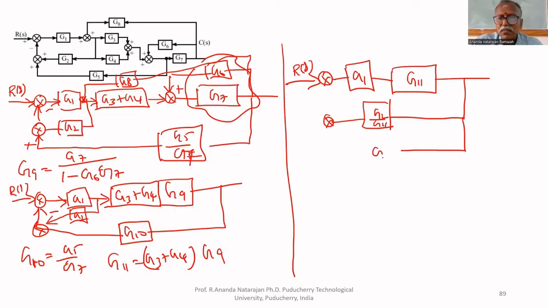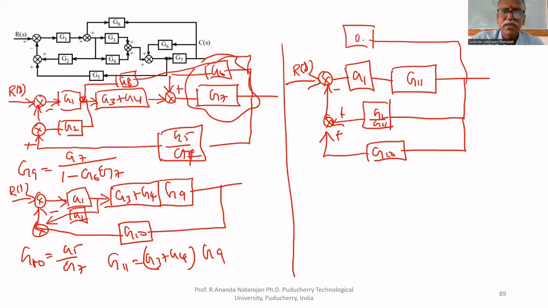Another one is G7. Both are added together and it is subtracted. Here one more feedback is there, that is G8. Between these two, one feedback is there, that is also positive. Now we can find G13.